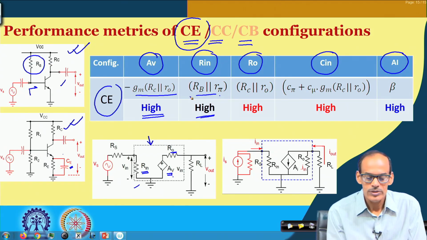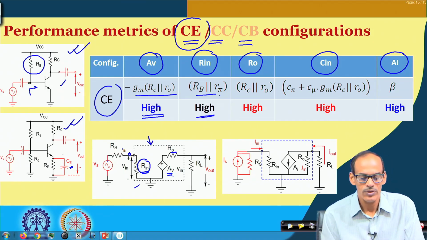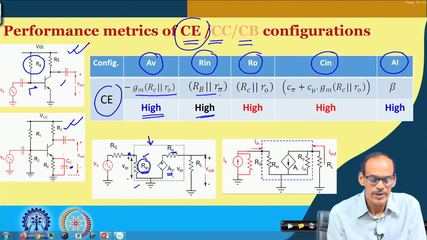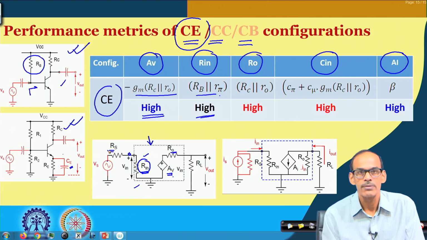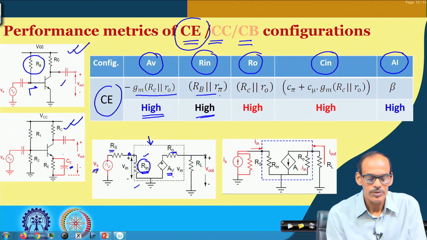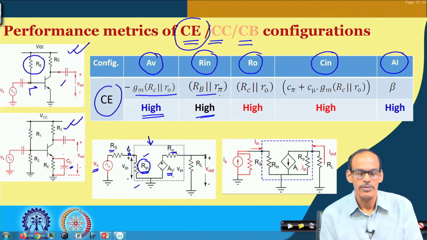So, if you see this model and its input port, since we are feeding the signal in the form of voltage, the higher this input impedance, the better, because then in presence of the source impedance R s, the signal coming from the main source will be able to arrive at the input port of the amplifier.